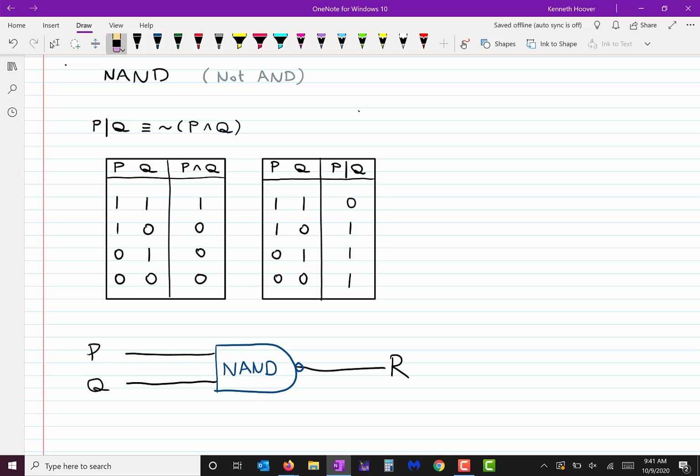All right, now here's a question that I would like you to think about. A NAND gate is the same thing as what two gates put together? I want you to think about that.